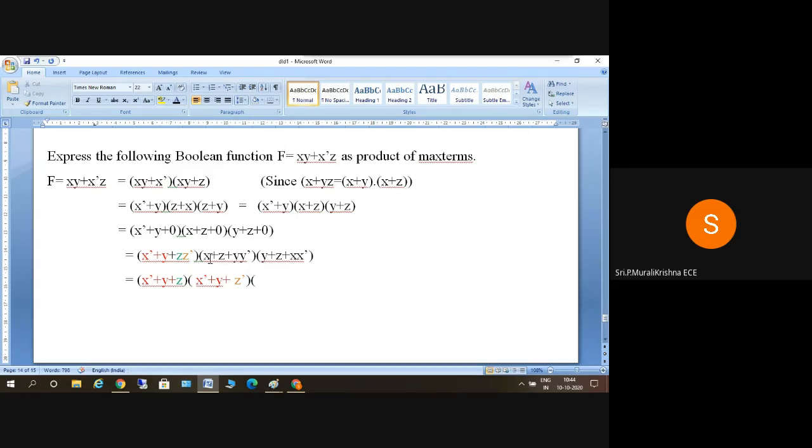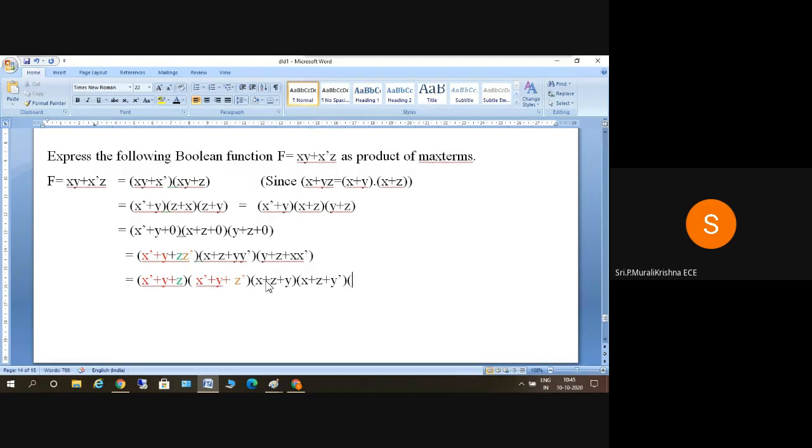In a similar way, all these terms, this is treated as x here, and this is yz, and this is treated as x here, this is yz. Okay, so what can I get here? So x plus z plus y into x plus z plus y bar.